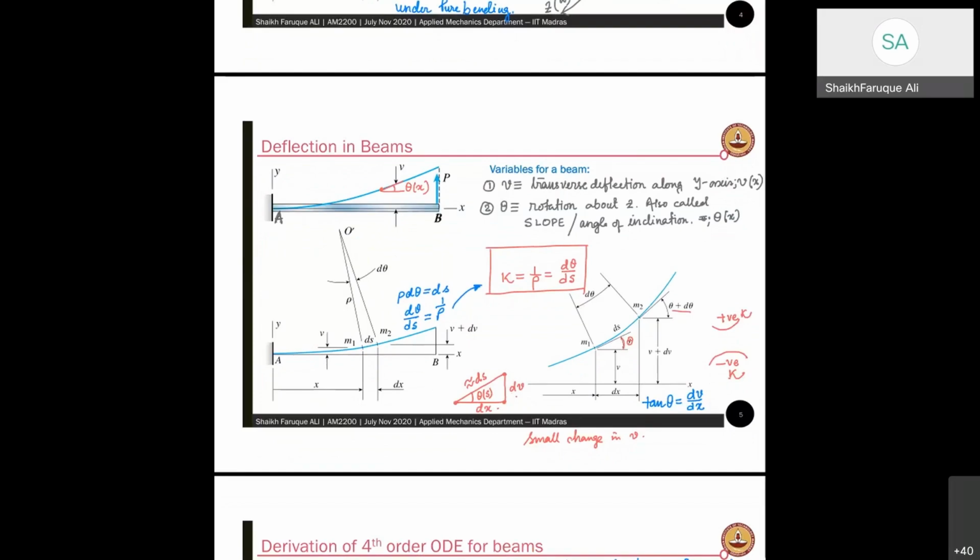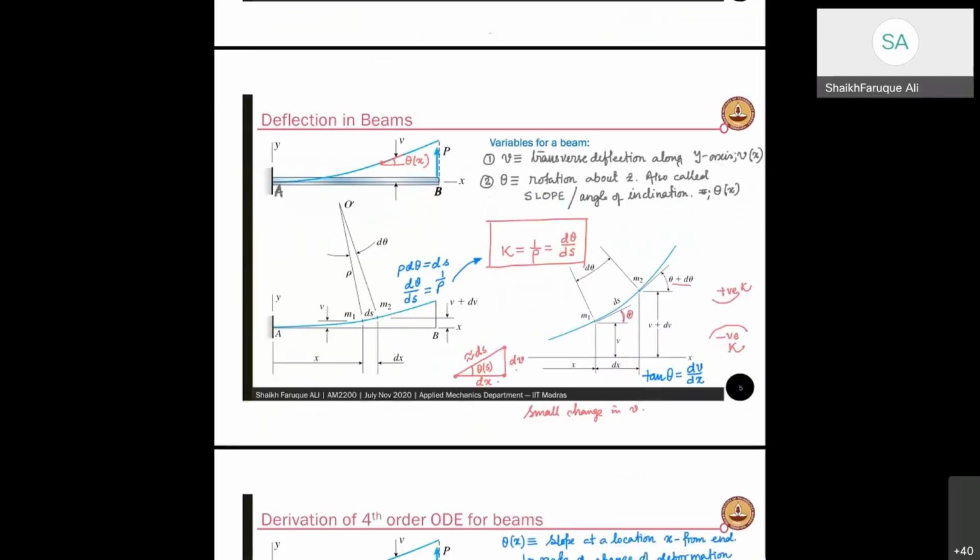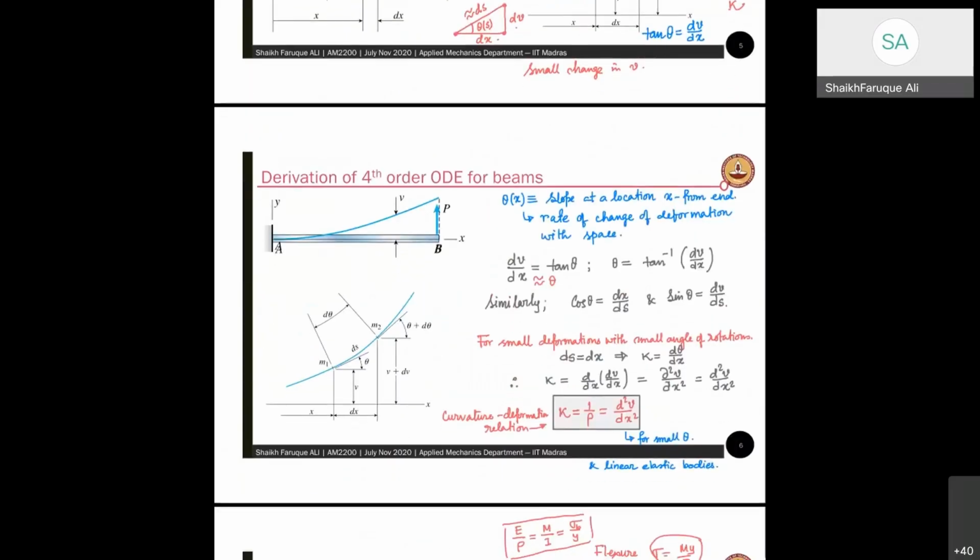So my first assumption here is that deflections and slope are small and within elastic limit, that means they keep the beam linear.